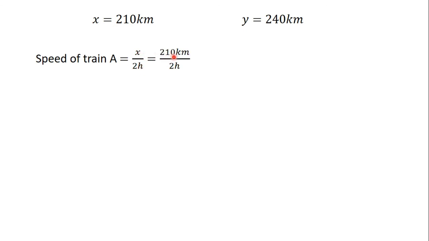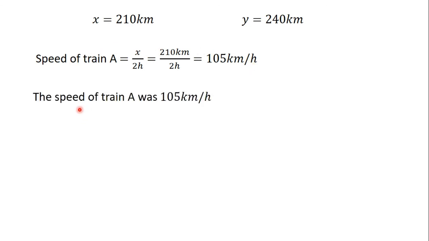X is now 210 kilometers. So the speed of train A will be 210 kilometers divided by 2 hours. 210 divided by 2 will give us 105. Kilometer divided by hour will give us kilometer per hour. So we can say that the speed of train A was 105 kilometers per hour.